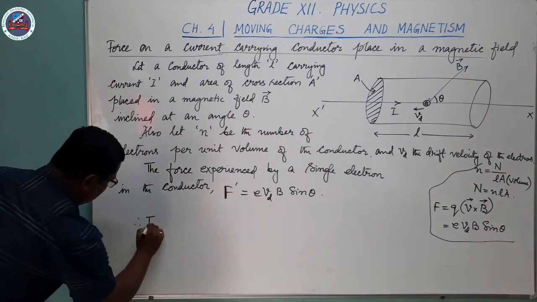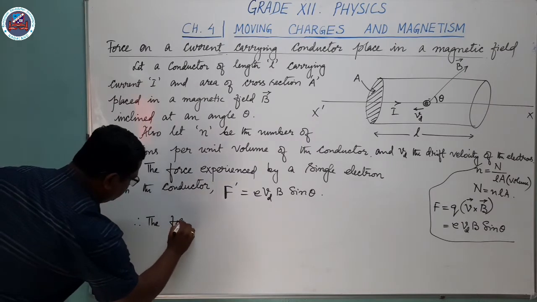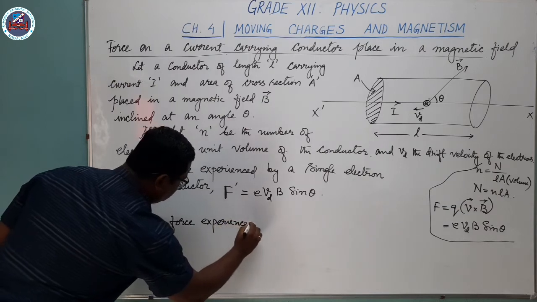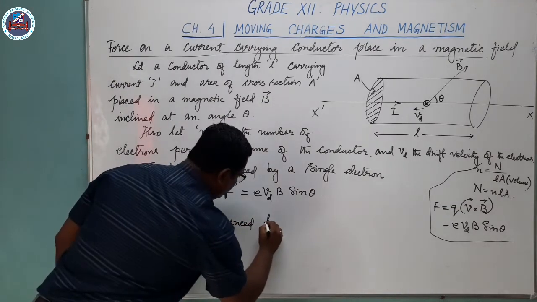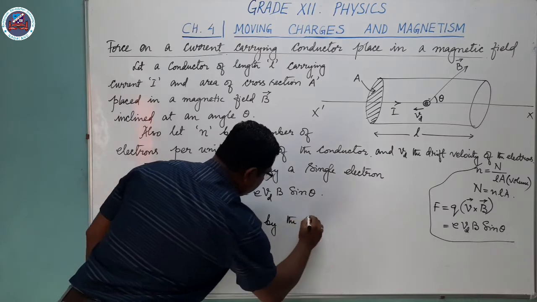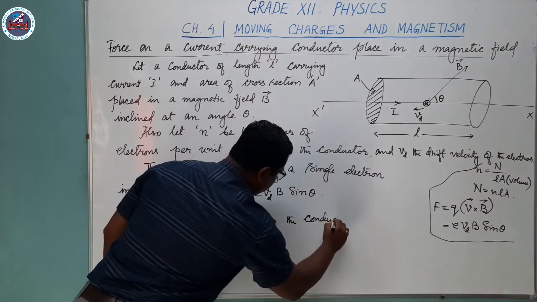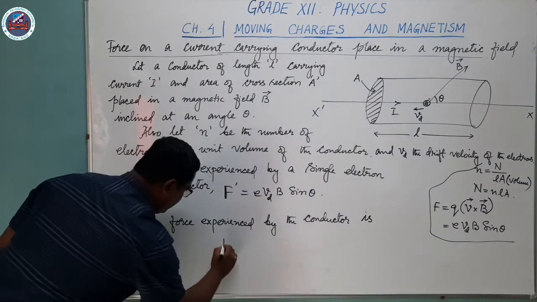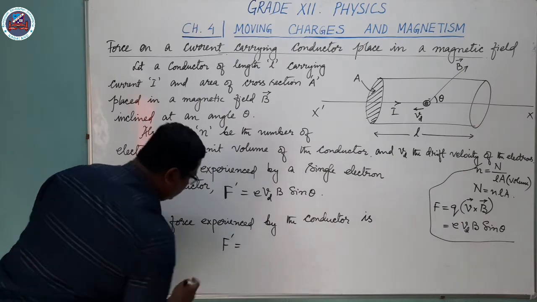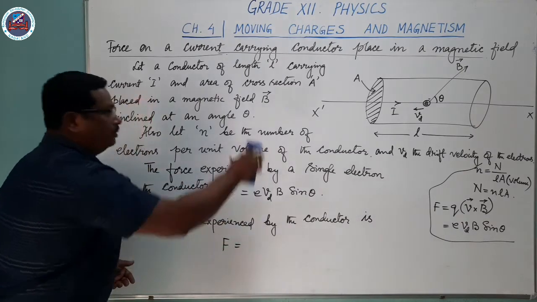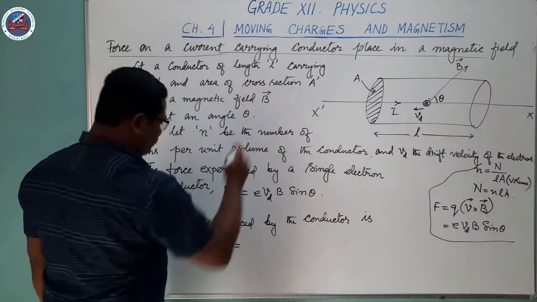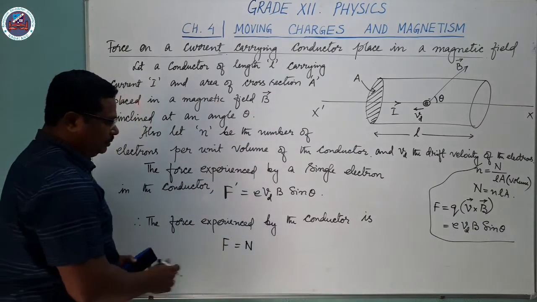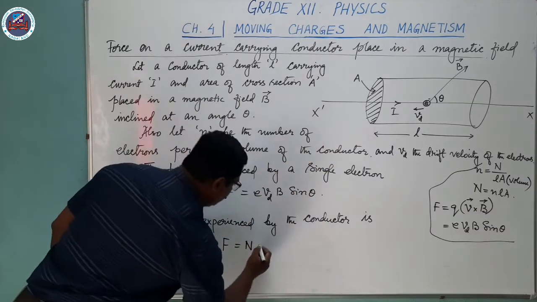Therefore, the force experienced by the conductor, let us write this F, by all the electrons. Here we will not put a dash, as it is for the whole conductor of length L and area of cross section A. N times F dash, where N is the number of electrons in the conductor.